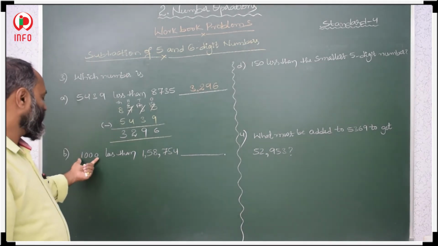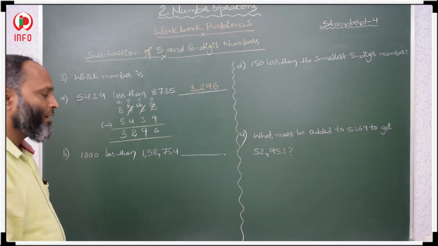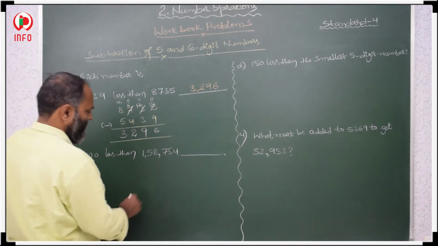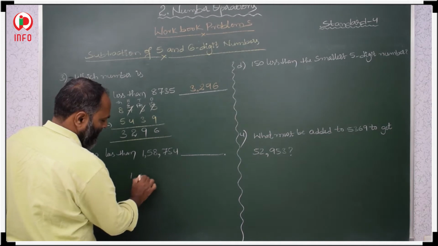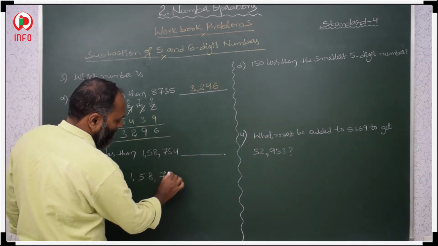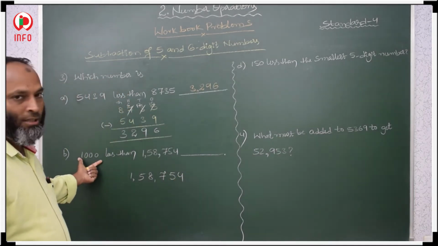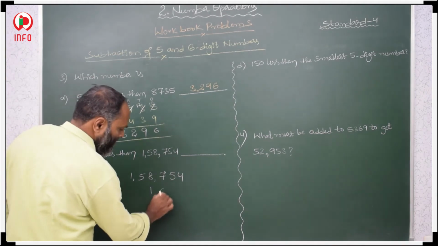Then this question also is the same, less. If you make 1000 less from this number, 1,58,754, then what number will come? So we have to make minus. So how much to make less? 1000. 1000 is the subtrahend.